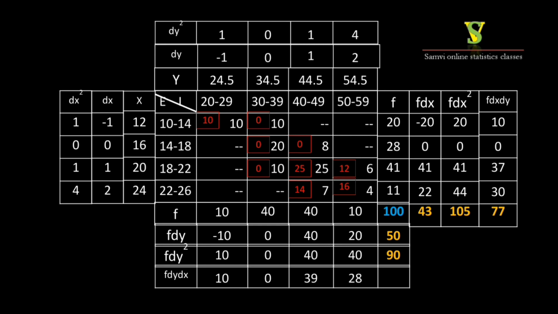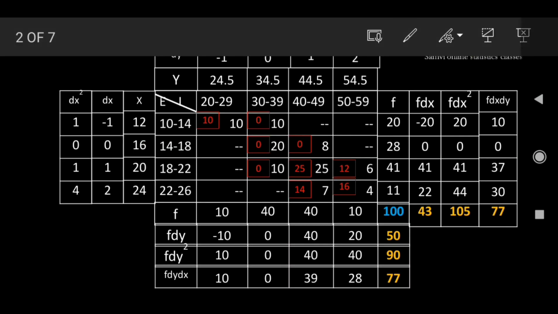So now you have to find out the total. So we'll get here 77. Okay. Here this total of f dy dx is exactly going to be the same as f dx dy, this total. Understood? So that means both are tallying now, the row wise total as well as the column wise total. So we can write like this.